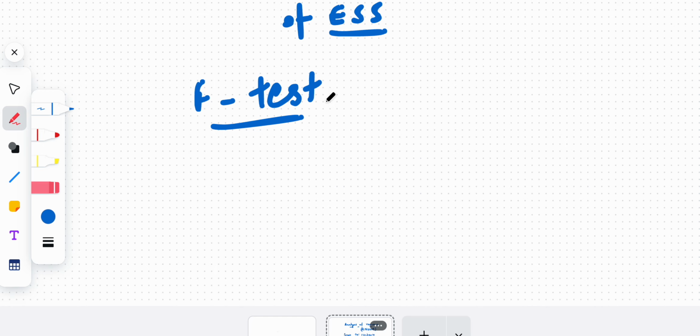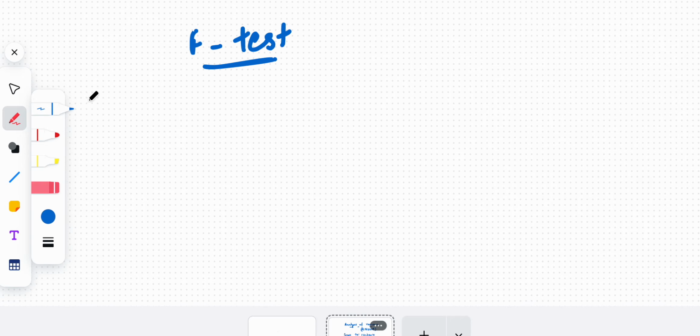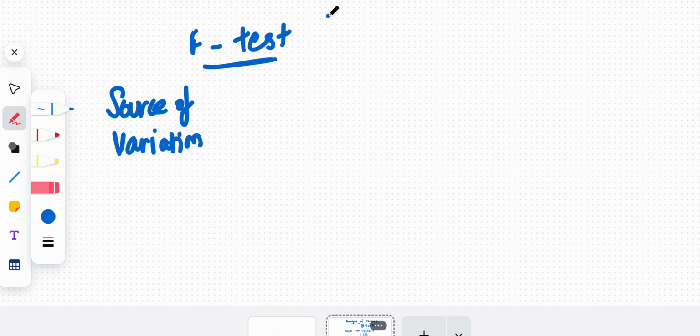Okay, so I think we'll just do this. This is my source of variation. I'll make an ANOVA table right now.